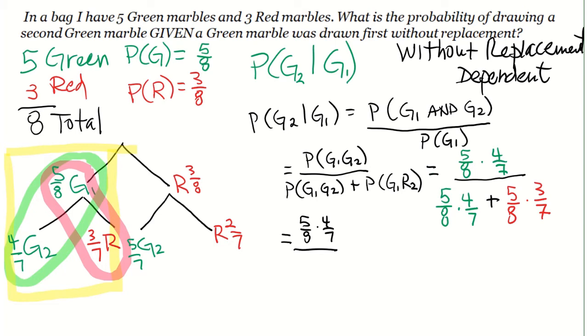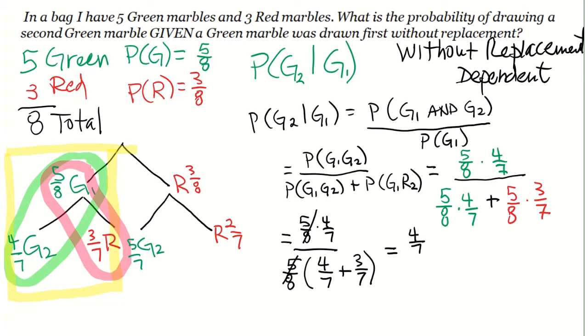Both of my terms are multiplied by a 5/8, so I'm going to use algebra and just pull that out. Combine my like terms, then I've got 4/7 plus 3/7. My 5/8 on the top is going to cancel out with the 5/8 on the bottom.